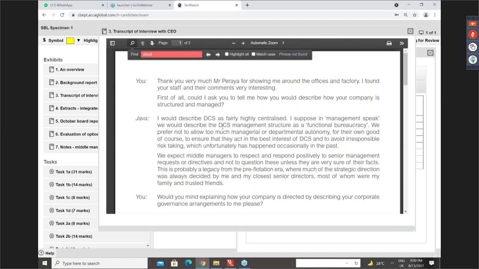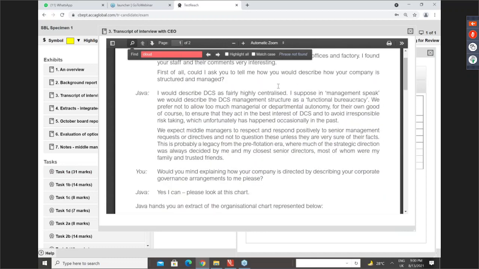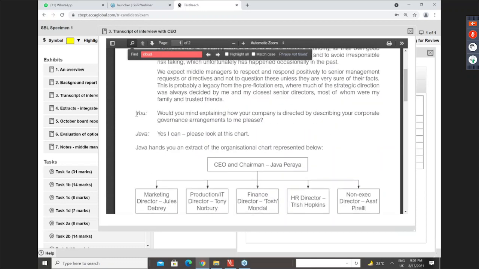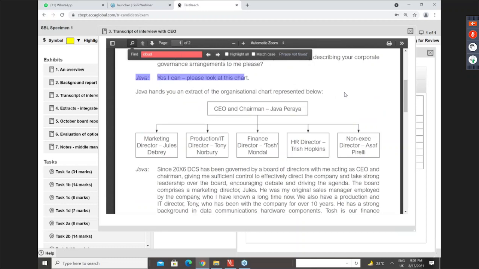Now, you are asking, would you mind explaining how your company is directed by describing your corporate governance arrangements? He's saying, yes, I can. Please look at this chart. And then Java hands you an extract of the organizational chart. So please study the organizational chart.